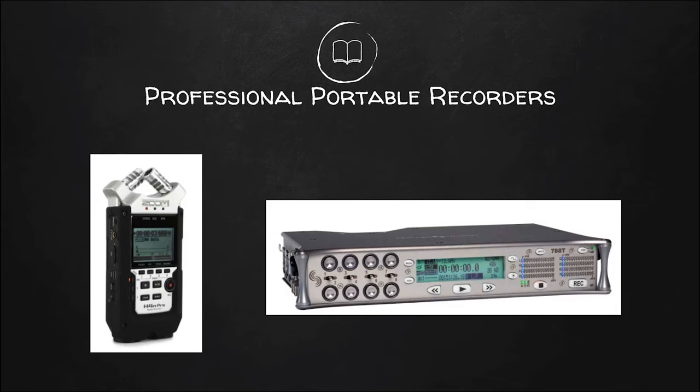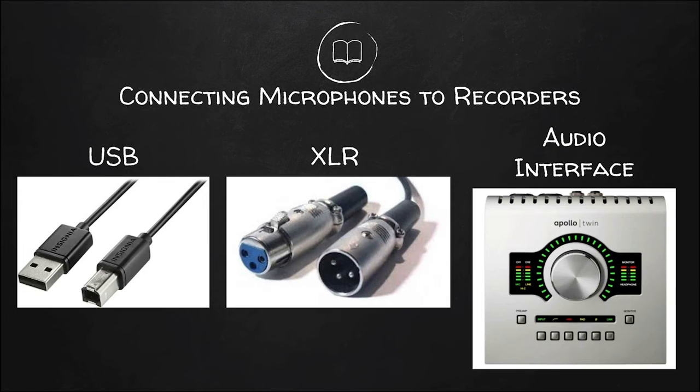I own the one on the left, the Zoom recorder. It's not that expensive. It's about $200 retail. And it allows me to go out and record sound. And I could record on my phone too. There are built-in microphones on that Zoom recorder, and it takes AA batteries, so it's nice and not super expensive. The one on the right is super expensive, and it's used more for movies and other things.